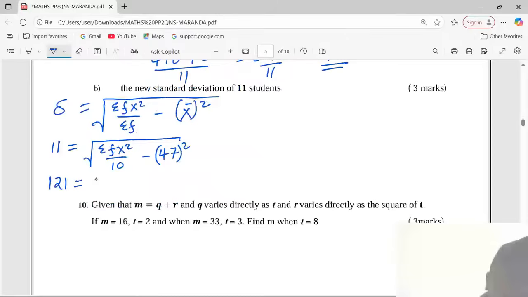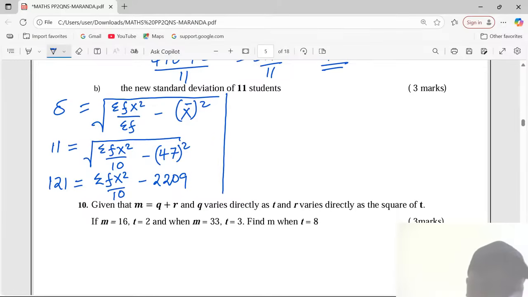121 equals the summation of f of x squared over 10 minus, I square 47 now, 2209. You see, now we can get the sum of f of x squared. We take 2209 to the other side, whereby we add 121 to it.